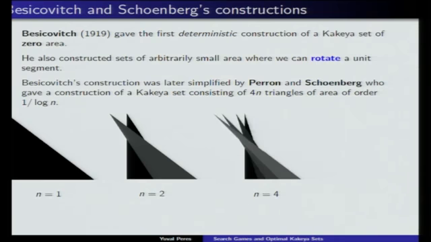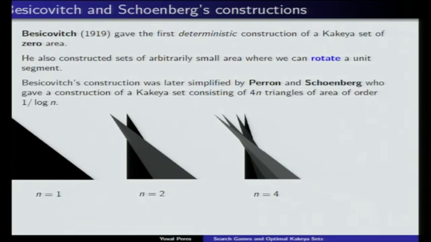Let me just show you pictures drawn by Terry Tao of one of these constructions, the Perron construction. So let's start. Formally, what you have on the left doesn't contain a unit segment in every direction, maybe, but 45 degrees.